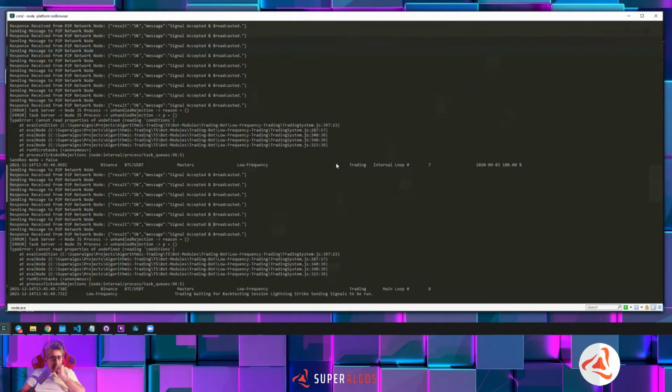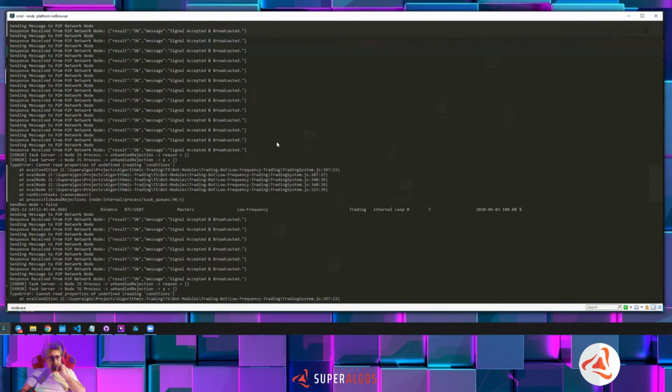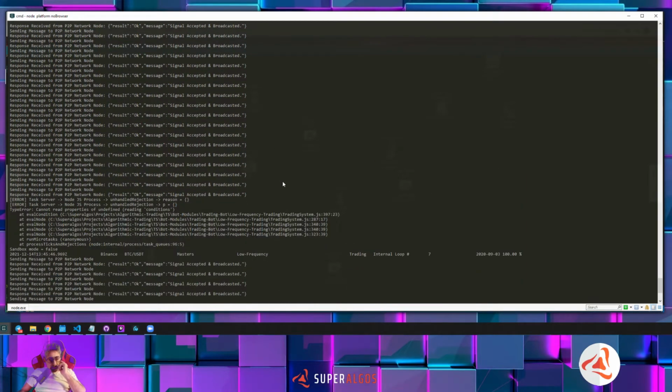So it seems that I will have to see what is going on here and why it is crashing.